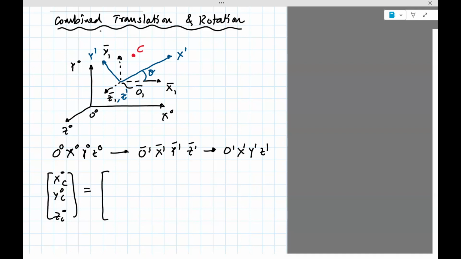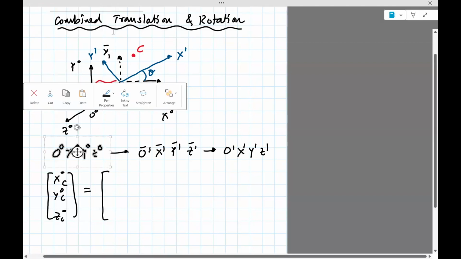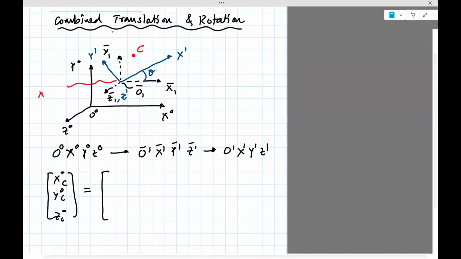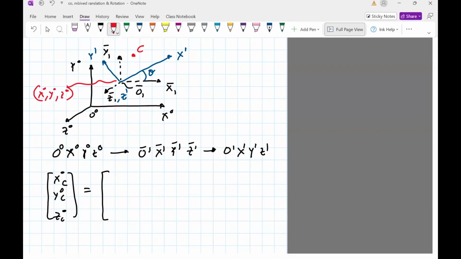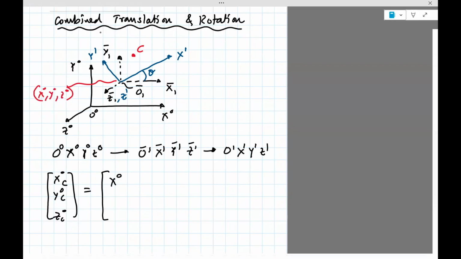It consists of the motion of the frame itself. So let's say that the frame moves to a point, this point here, X0, Y0, Z0. That is the translation part. So I'll write down X0, Y0, Z0.